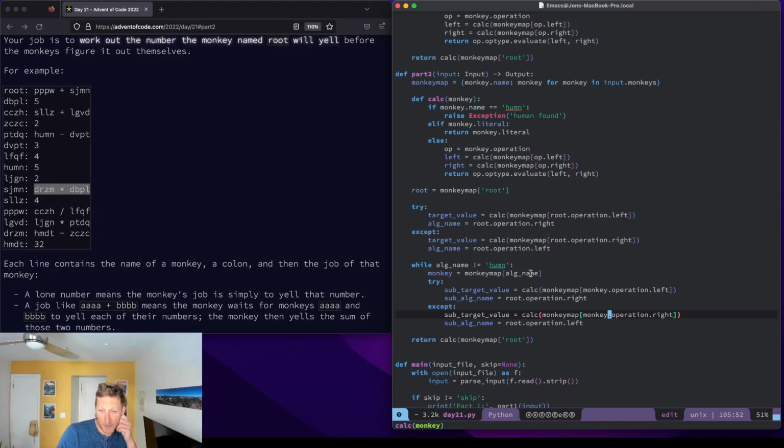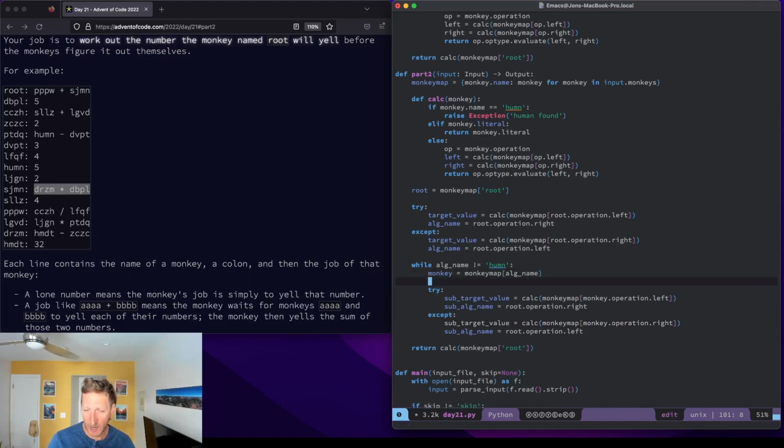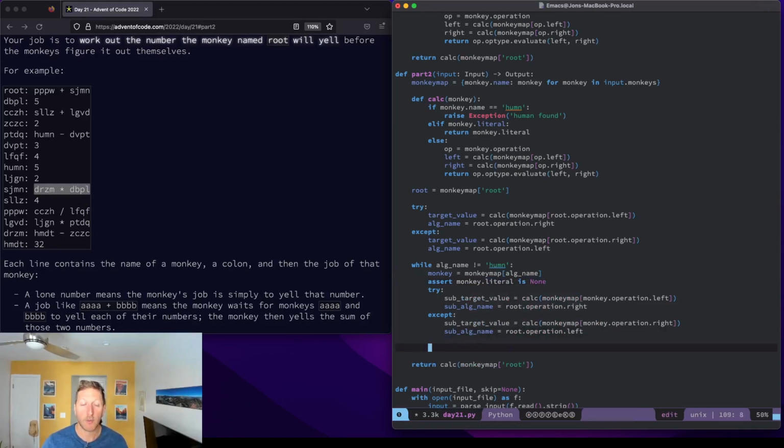And it has to be an operation here. If it's not an operation, that doesn't make any sense because we're going down to find humans. So assert monkey dot literal is none. Okay. So then we have to invert.